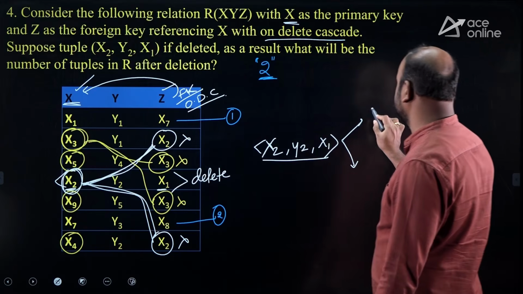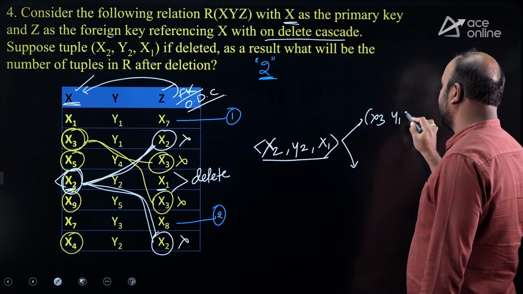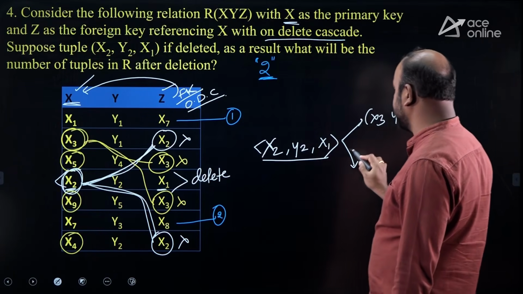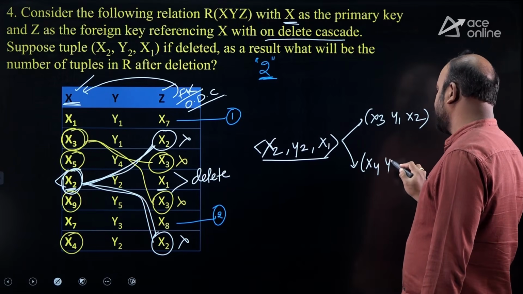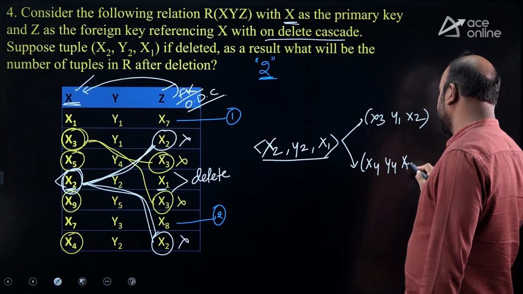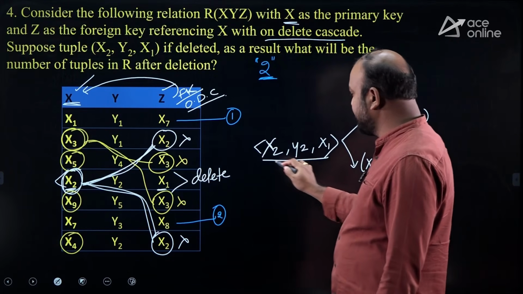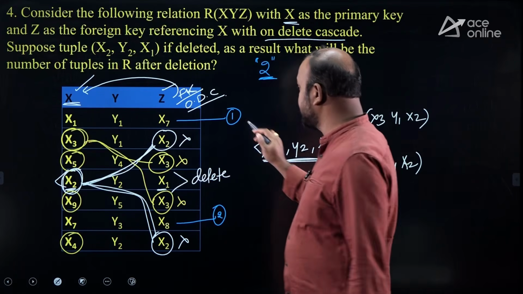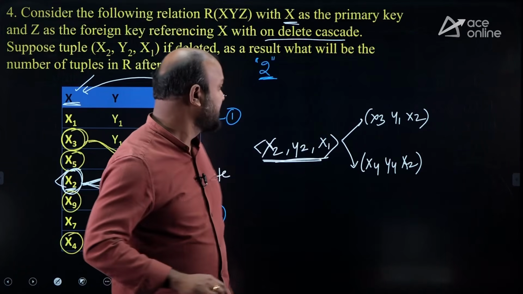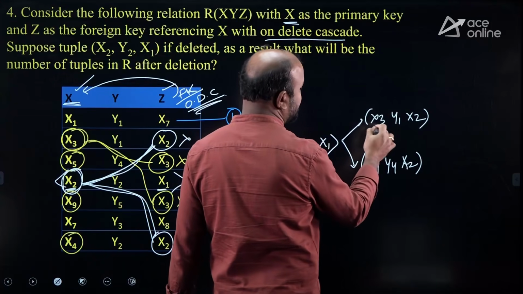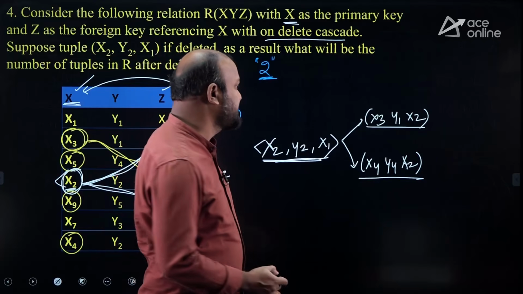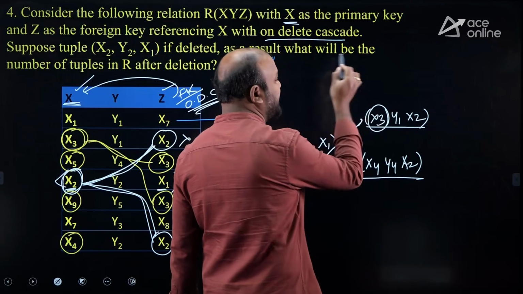x3, y1, x2, and one more is x4, y2, x2. Because you are deleting this x2, y2, x1, because the on delete cascade option is there, it is to delete these 2 tuples also. Now, when you delete these tuples, it is causing x3 to be deleted.